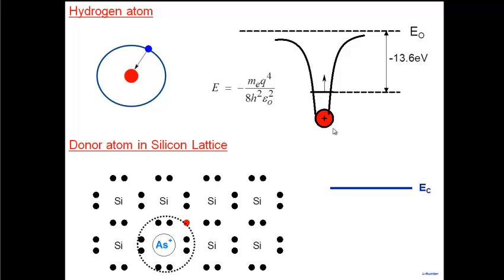Where will it be? Below EC. And that's what we denote by a donor level. We say that there is a donor level here, and that's where the electron is normally sitting. But if you free it, it goes to the conduction band.